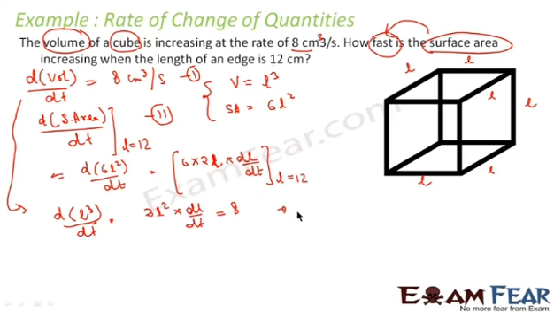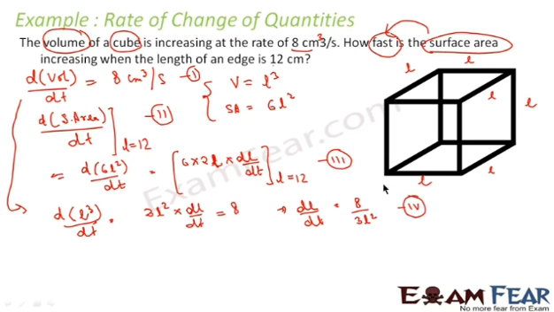So from this I can say dl by dt is nothing but 8 by 3L square. So this is, let's suppose, my third equation, and this is my fourth equation. I found dl by dt in terms of L, and that solves my problem.